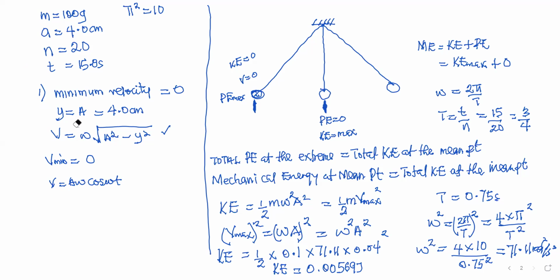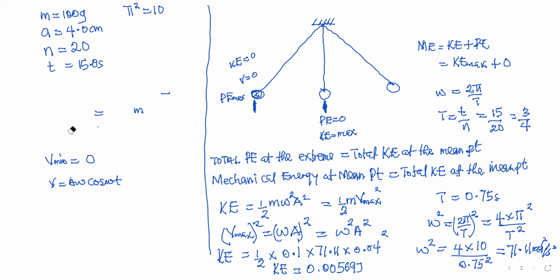Another way to do this is, I said the total energy, the mechanical energy at the mean point must also be equal to the total potential energy at the extreme. How do we calculate potential energy? Potential energy at the extreme would also be equal to... help me quote the potential energy formula. What's the potential energy formula?